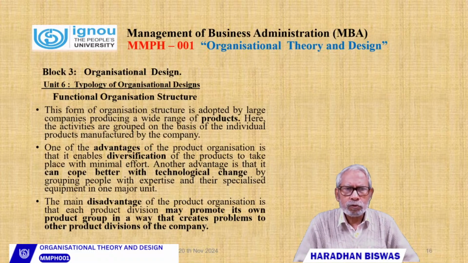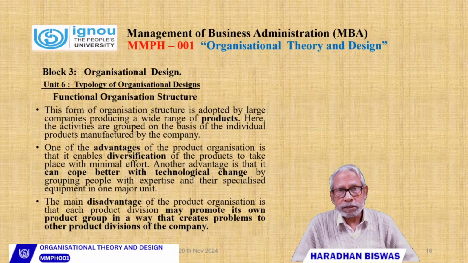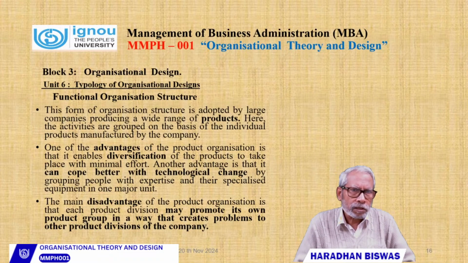Now, there are advantages in product organizations. It enables diversification. You can divert your product range from one to another, so a shift in product can take place with minimal effort. Another advantage is that you can cope better with technological changes, because if new technologies come, you can replace the machines and computers, so that your production can be increased, or errorless products can be possible.